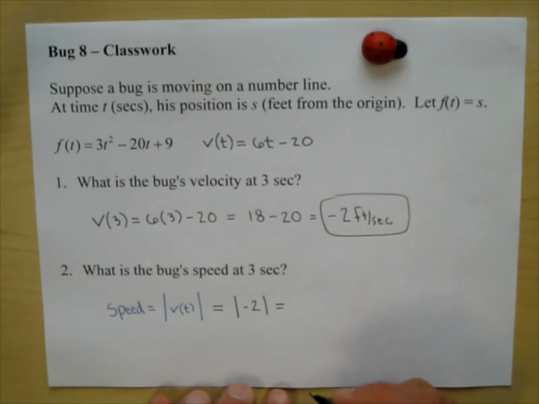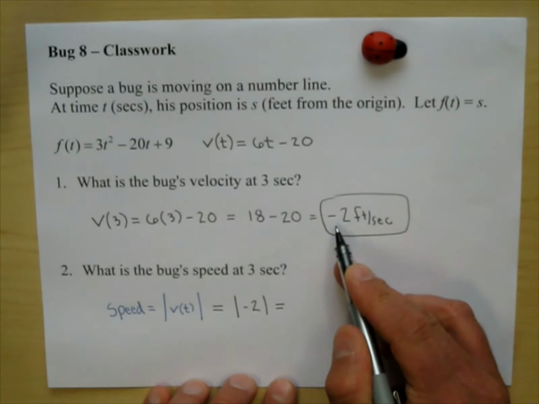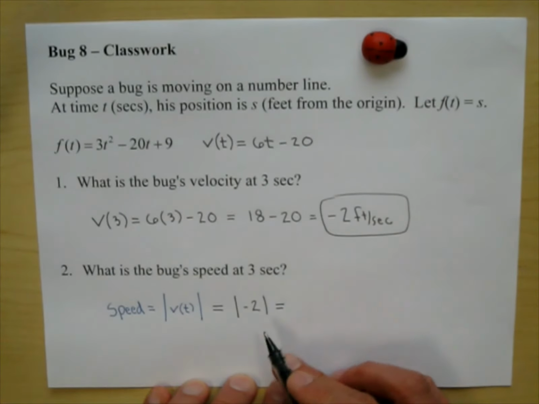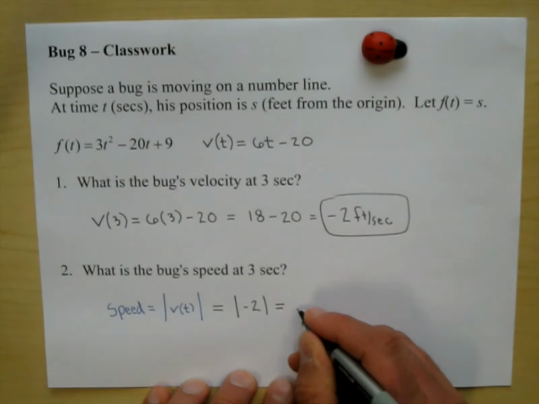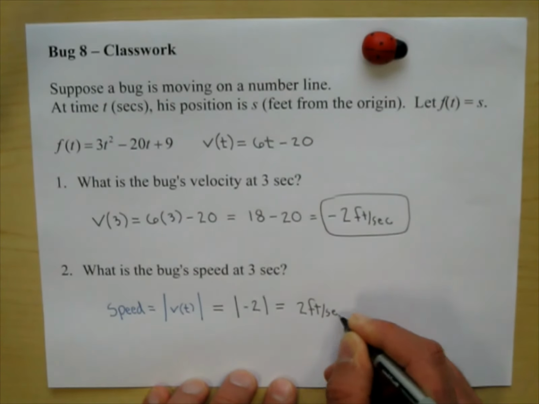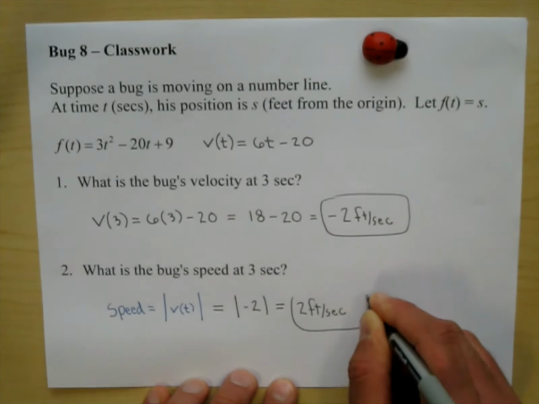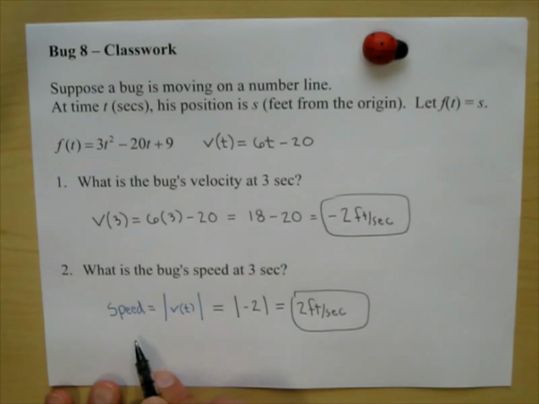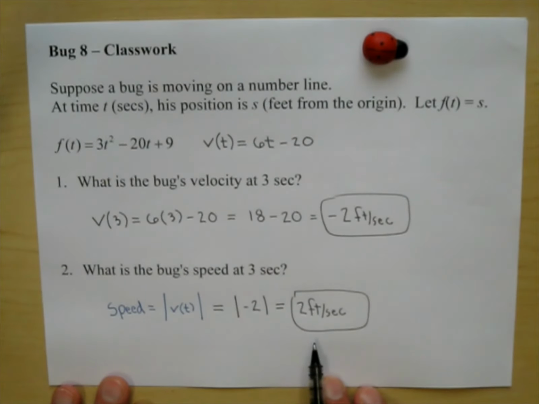So the speed just takes the negative off. Now if the velocity was positive, then it wouldn't change it. Speed is 2 feet per second. So right now it almost seems dumb that we're doing this, but once the bug starts going in higher dimensions, more than a number line, then it's not going to be as trivial as this.